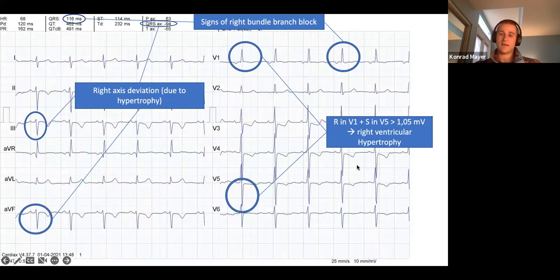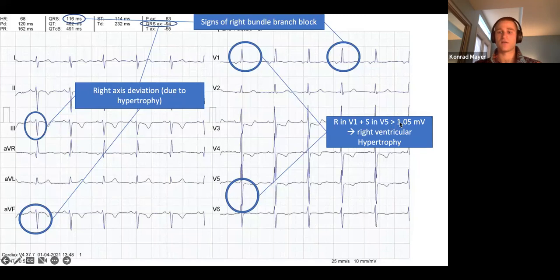The next sign to see that we have a chronic hyperdemand of the right ventricle is to see right ventricular hypertrophy. There's the Sokolow-Lyon index, and for the right ventricle, it is calculated as the R peak in V1 or V2, whichever is bigger, plus the S peak, the S down peak in V5 or V6.